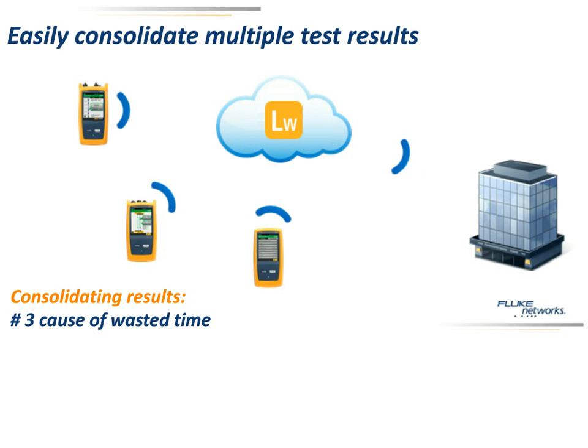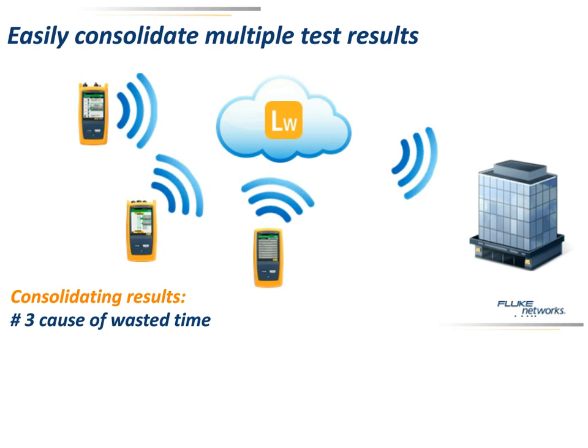Also, typically we have seen a lot of our contractors use the same tester going from site to site to site, and sometimes the results from different projects can get mixed up. But now using this, all the test results are categorized correctly, and you can completely avoid the scenario of wrong test results getting into the wrong project. So this helps save a lot of time.